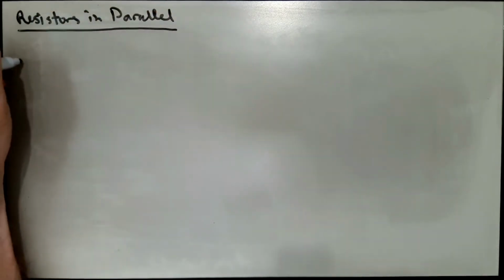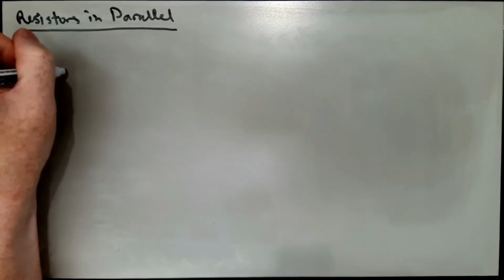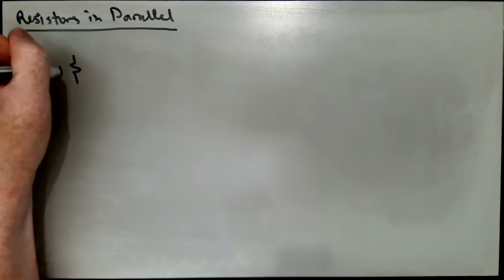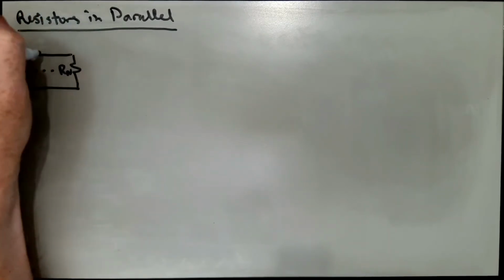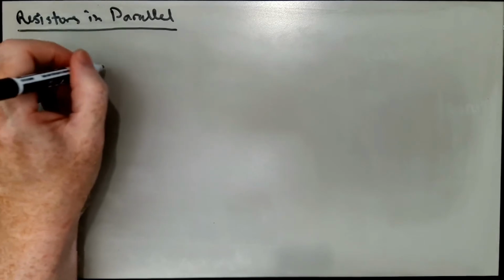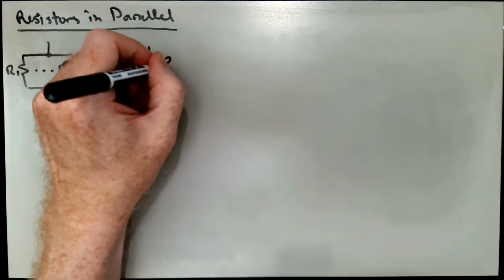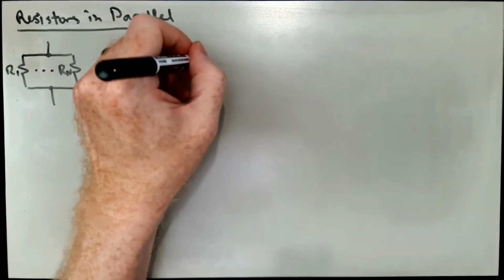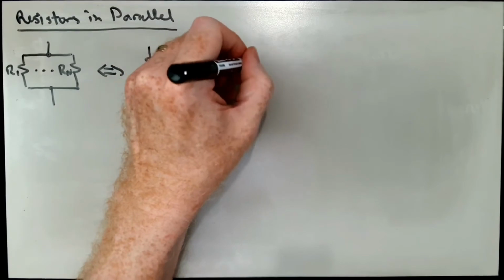And so we have this idea that if we have a bunch of resistors R1 up to Rn connected in parallel, that's equivalent to a single resistance Req, which is R1 parallel parallel Rn.